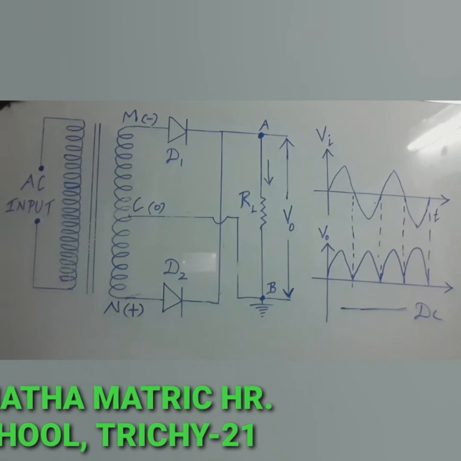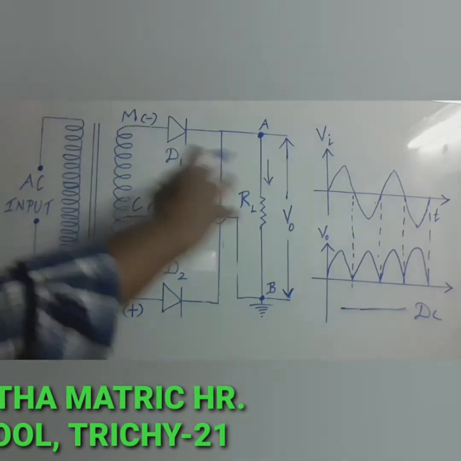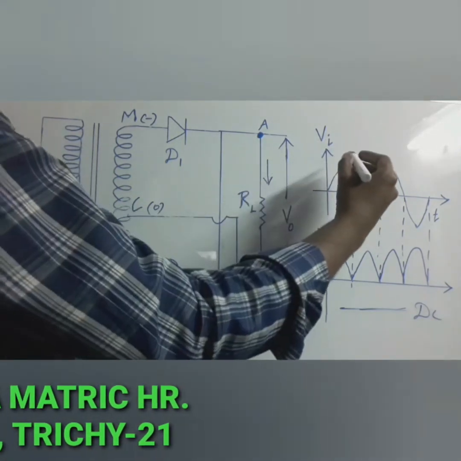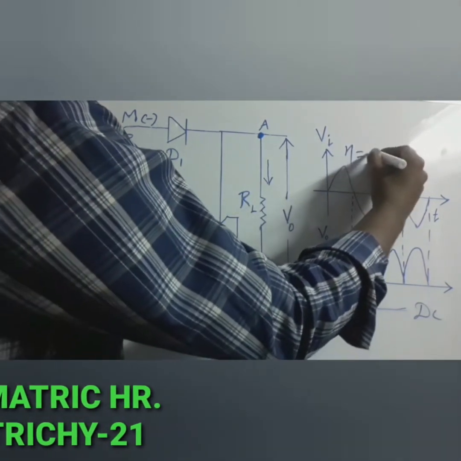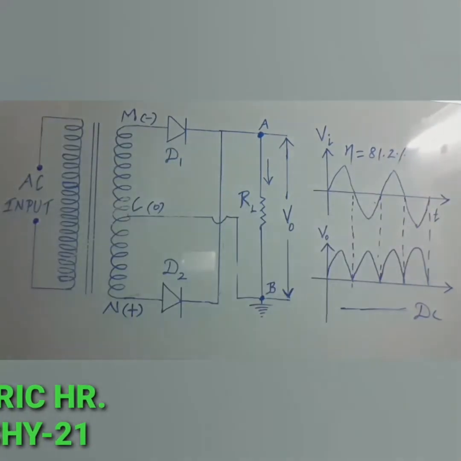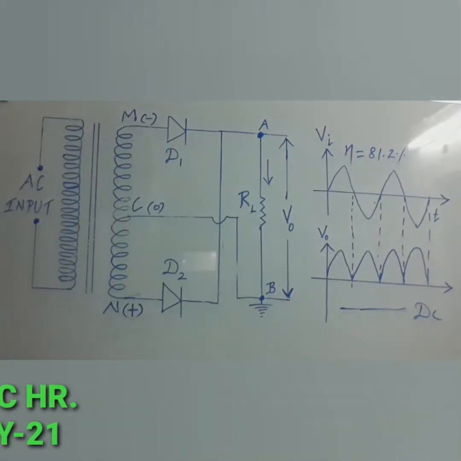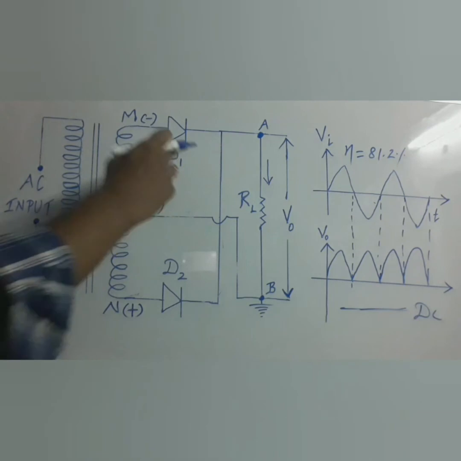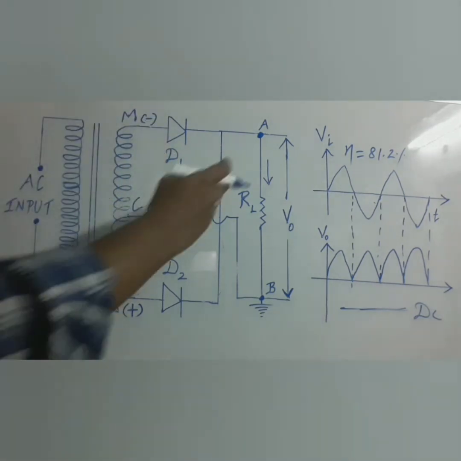So it is twice, which means the efficiency of the full wave rectifier, eta, is equal to 81.2%. It is not 100% because of the power losses in the windings, the diode and the load resistance.